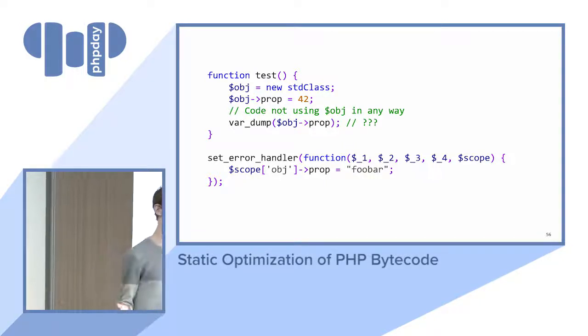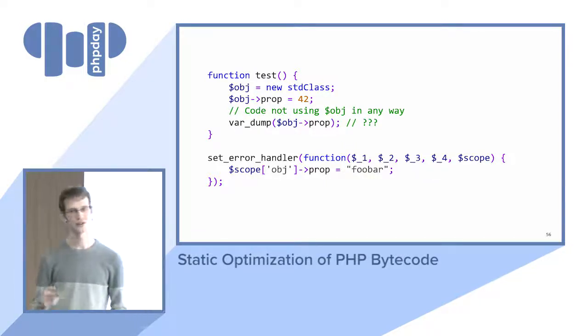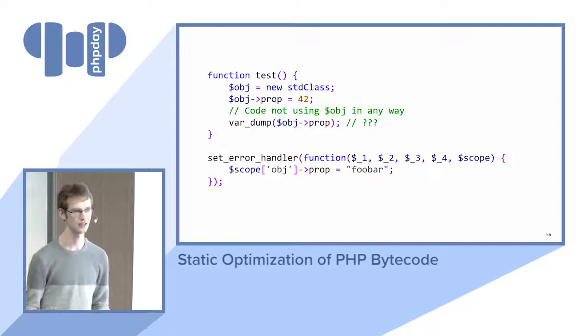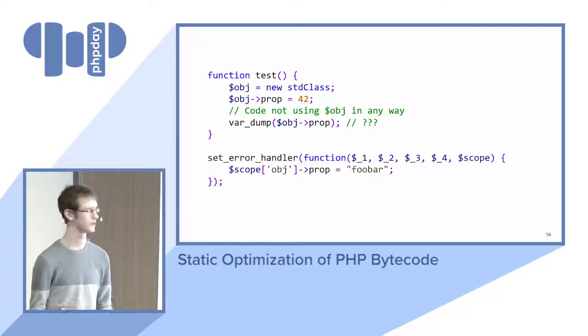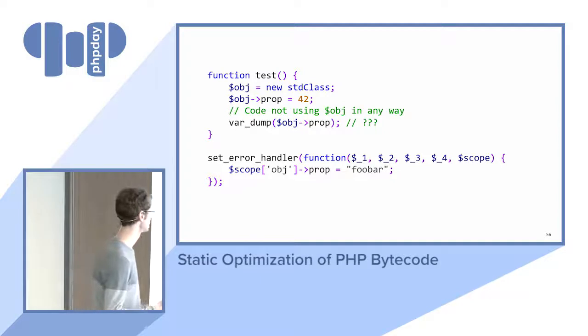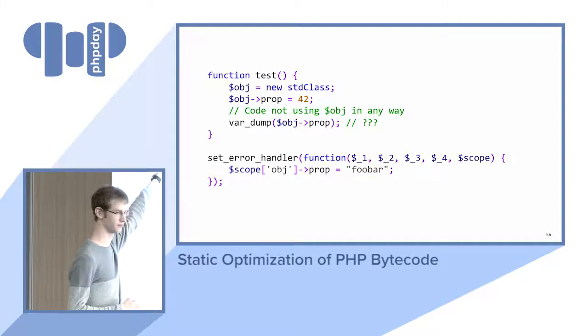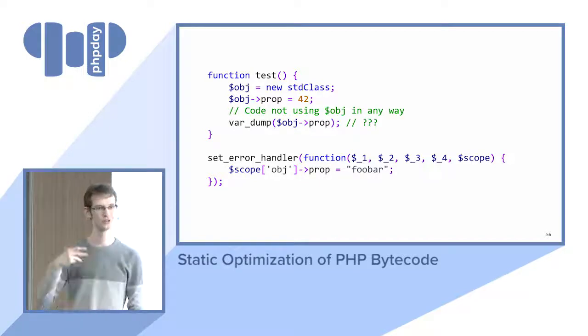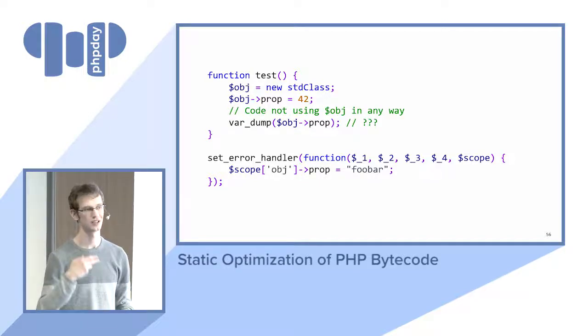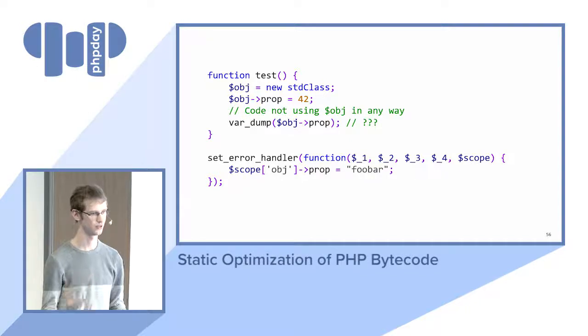And it also gets a variable scope, which contains all the variables inside the function where the error occurred. So in this case, this error scope will contain all the variables in this function. In particular, it will also include the object, and it's possible to modify the object through that variable scope.